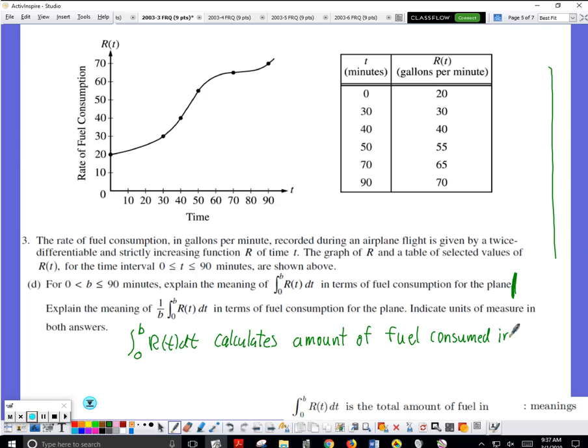You can't forget units. In gallons for the time period. So for t equals 0 to t equals b, and you can't forget units, minutes.